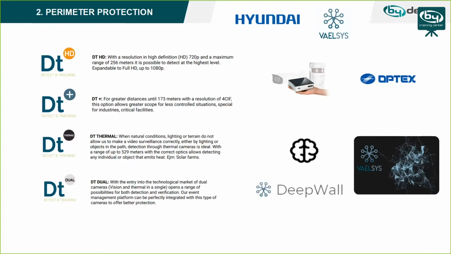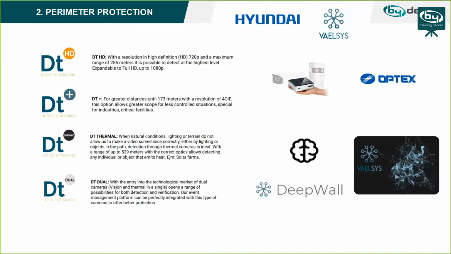There's also an option for DT thermal, which in some situations thermal cameras can become more ideal in situations like poor lighting, objects in the path, and so on. It also offers the range of 529 meters with the correct optics, which allows detection of any individual or object that's emitting heat, for example, solar farms.